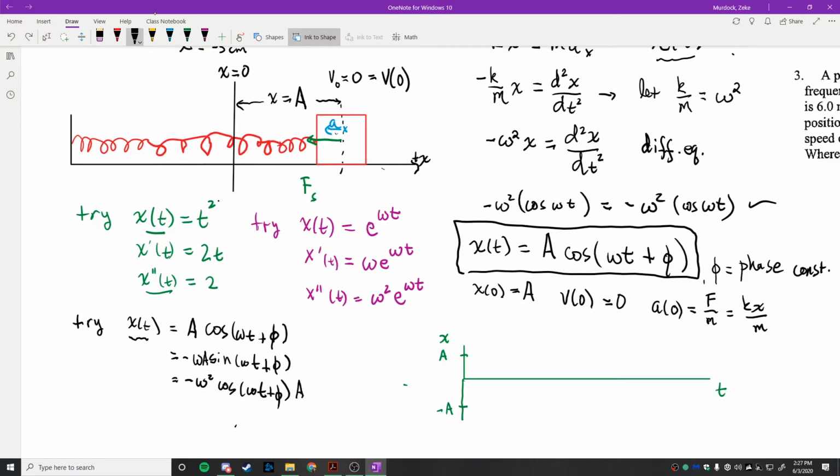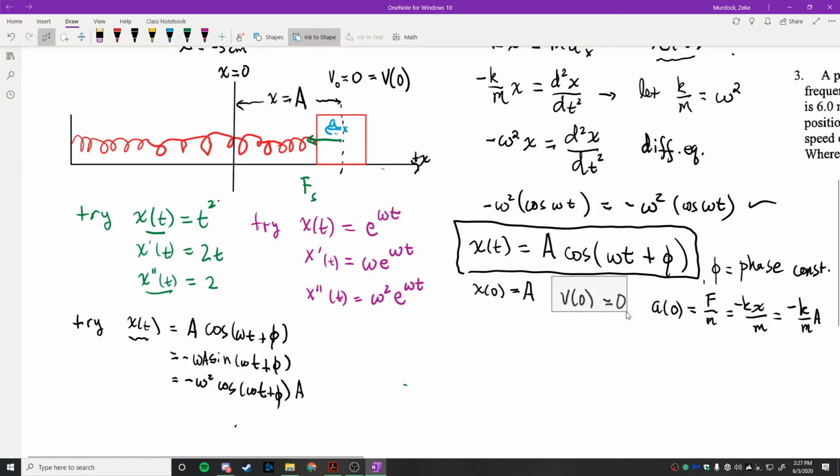It's kx over m, but it needs to be negative. And in this case, the x coordinate at time equal to 0 is a, so it really needs to be negative k over m multiplied by a. Now let's see how we can actually make our function fit this. I can't plot it yet until we've done that. How can I check that this stuff is true?